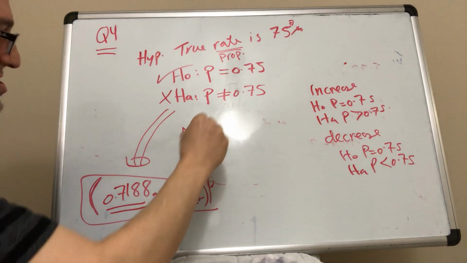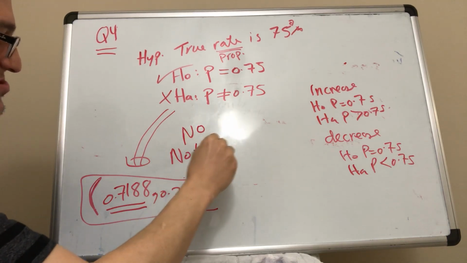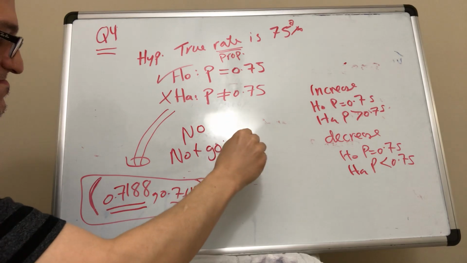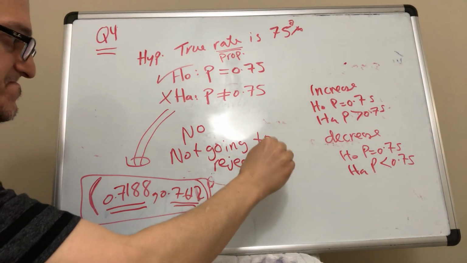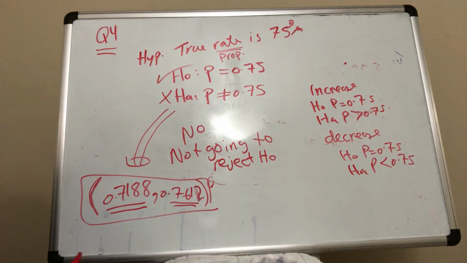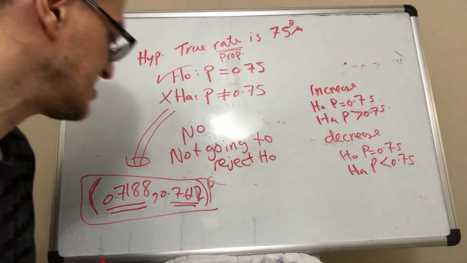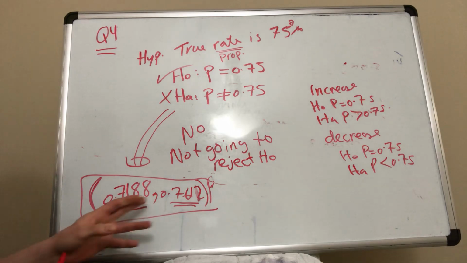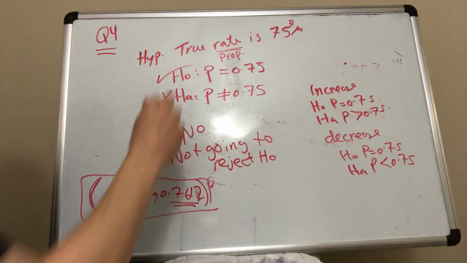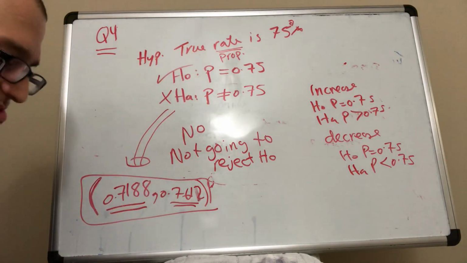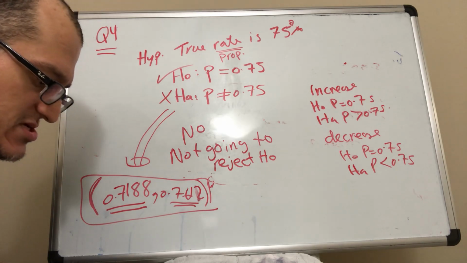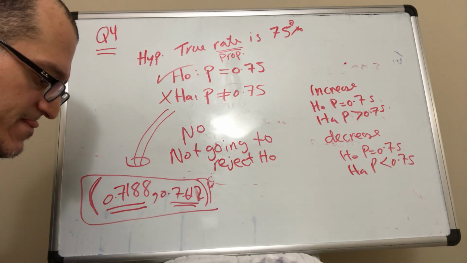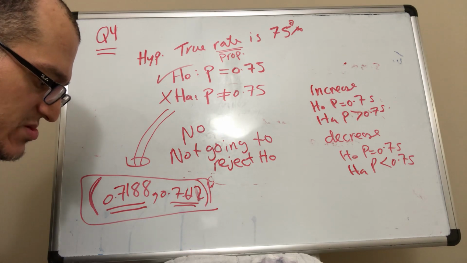No, we're not going to reject. But if they ask, could it equal, say, 77? No, it's not going to be 77, so in this case you would reject H0. So this is what you need to know for question 4.